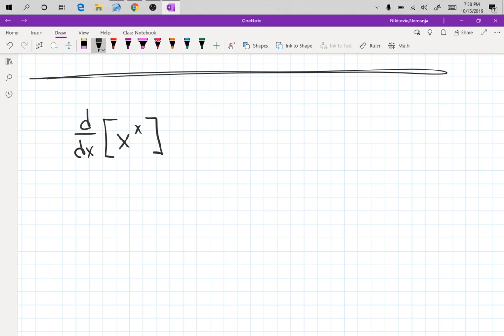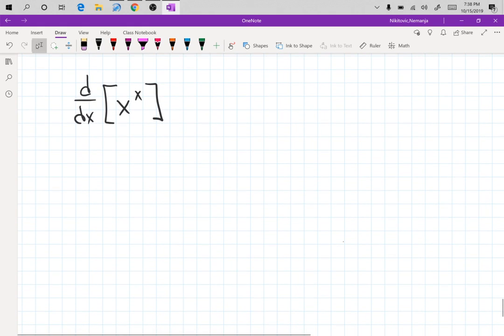So the function x to the x is not exponential, so you cannot use nx to the n minus 1, and it's not polynomial, and it's not exponential. So you can't use any of the rules you learned before. So what do we do? Well, you use logarithmic differentiation.